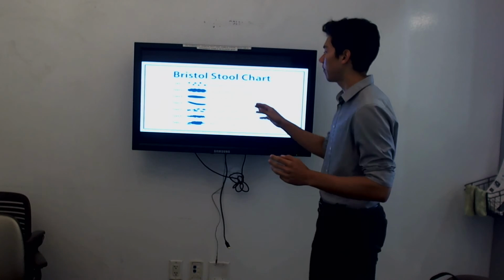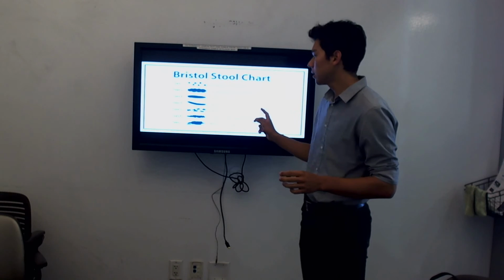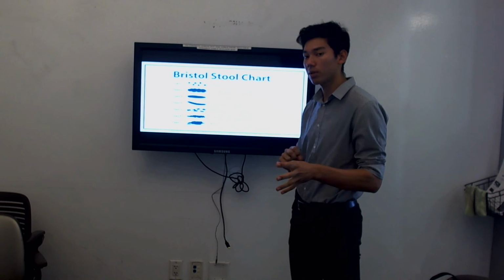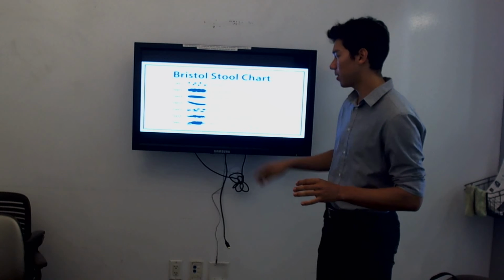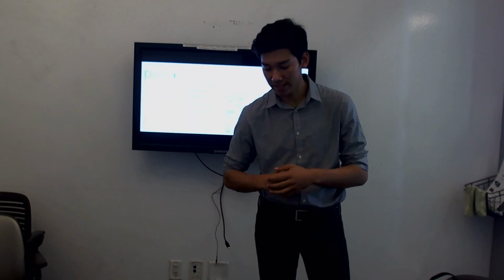Type 3 is a smoother surface that still has cracks on it. Type 4 is completely smooth. Type 5 is soft blobs, so it's a little bit too much water. Type 6 is fluffy pieces, and then Type 7 is just really too much water content.